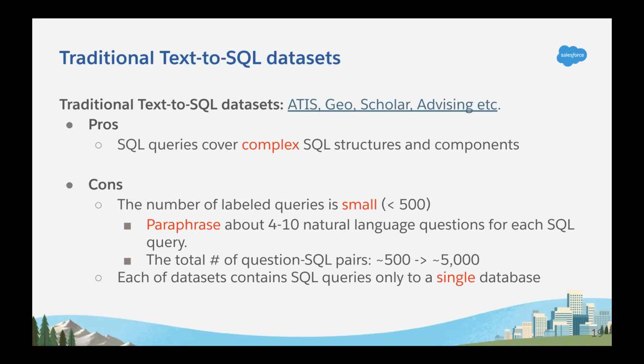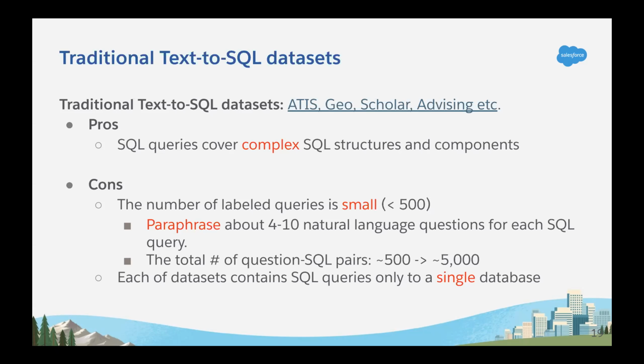So when they build a model on this dataset, it's not really a text-to-SQL task. It is more like a text matching task, because you just need to match the text with the text in the training data and you can get the SQL correctly.